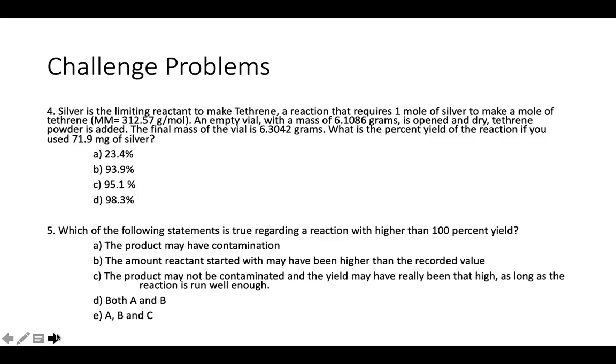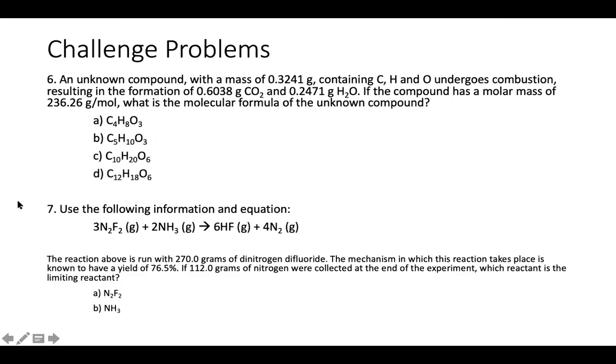Okay. And then the last 2 questions are here. So number 7 is, again, a unique perspective on a limiting reactant problem. I've never really seen them ask questions in this way before, but it is a valid thing to ask. You all have the ability to answer that question.